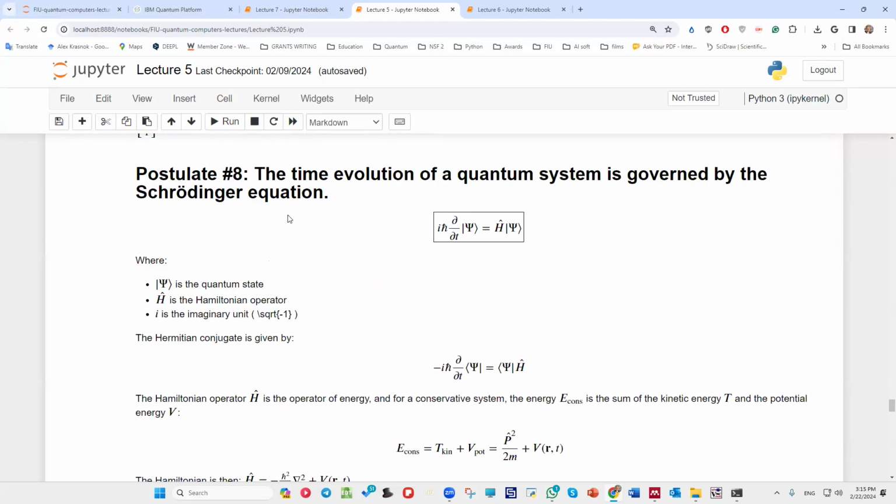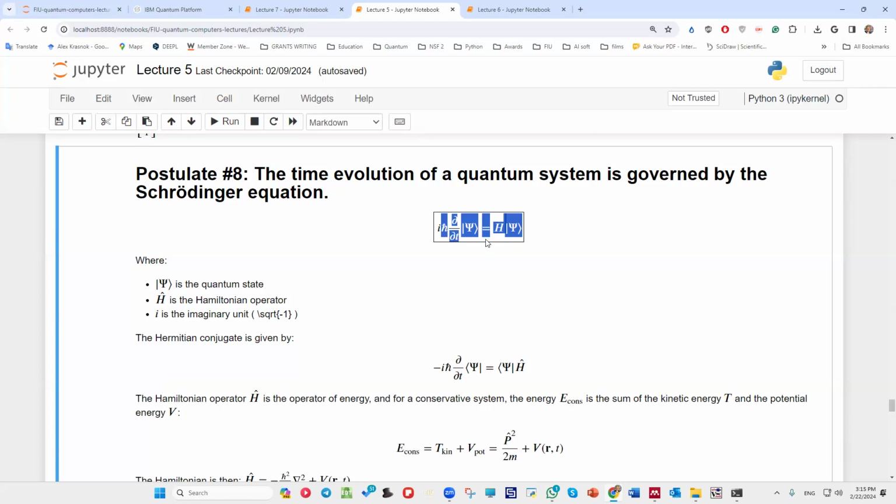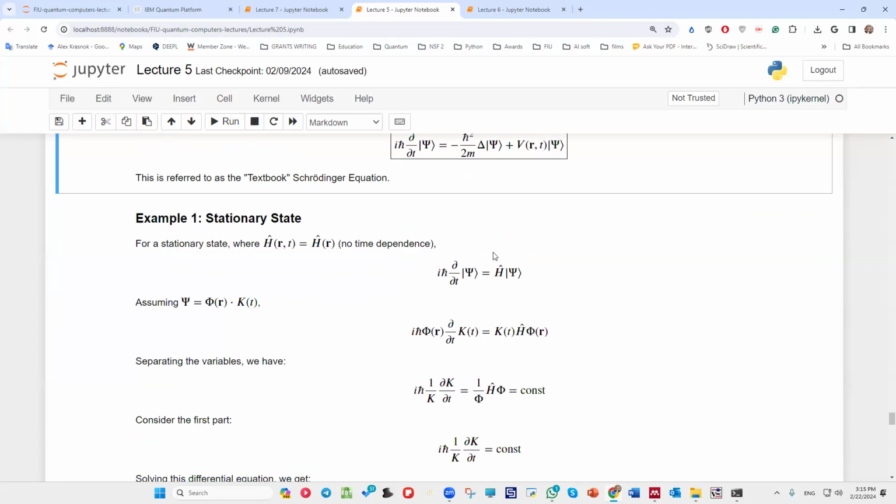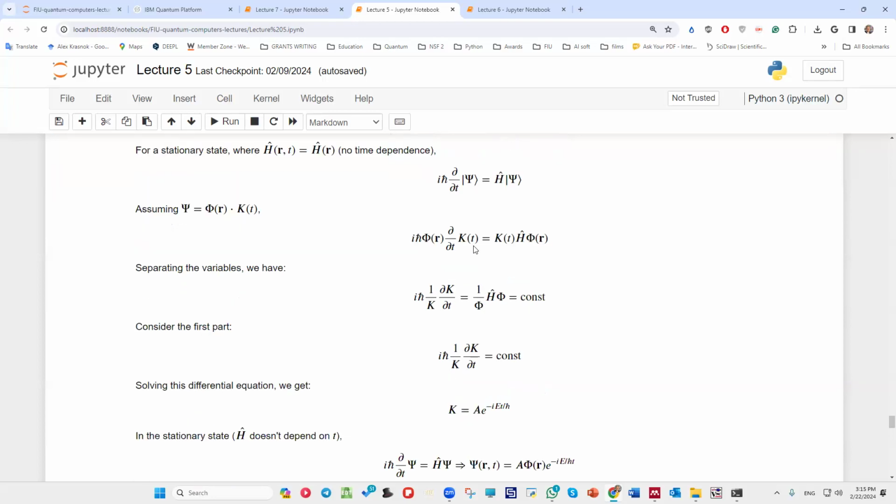And finally, the postulate number 8 we discussed last time is about time evolution of a quantum system. It's governed by the so-called Schrödinger equation, the most important equation in quantum mechanics and quantum computing. We discussed some examples of the Schrödinger equation.